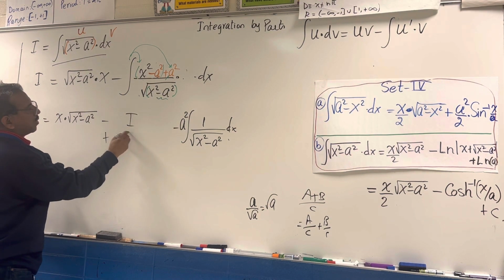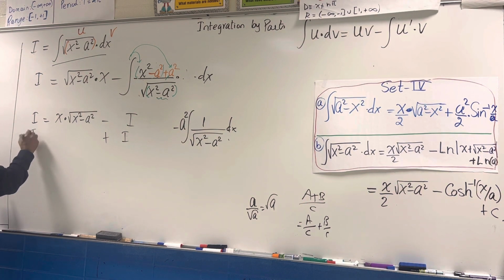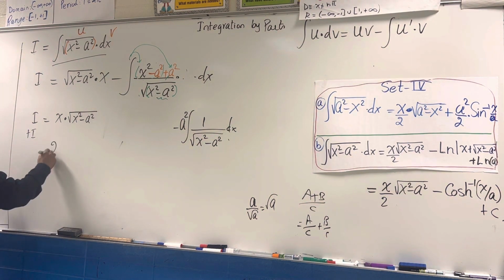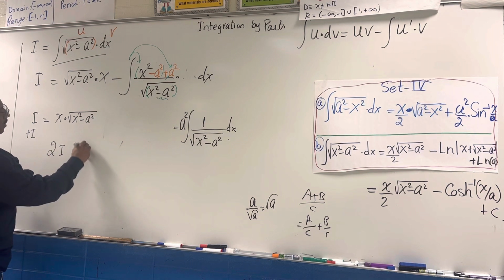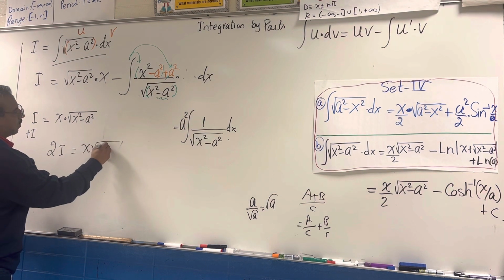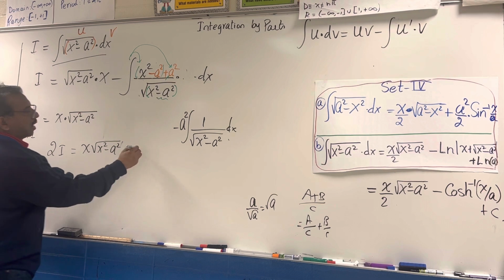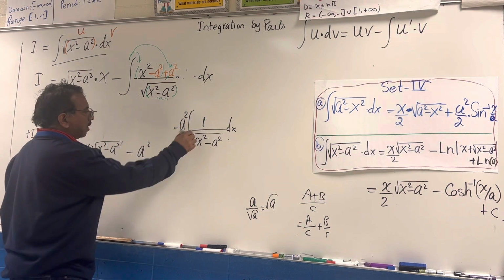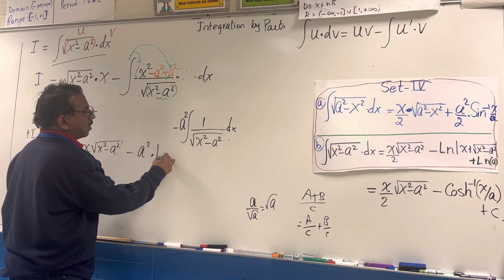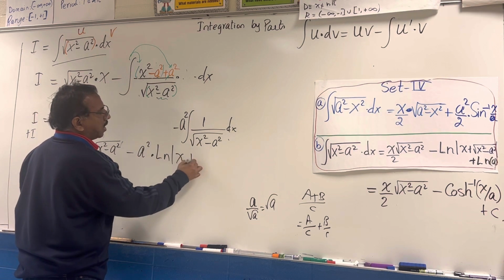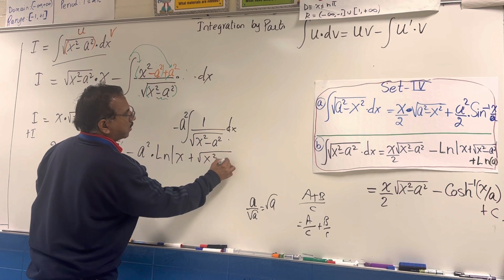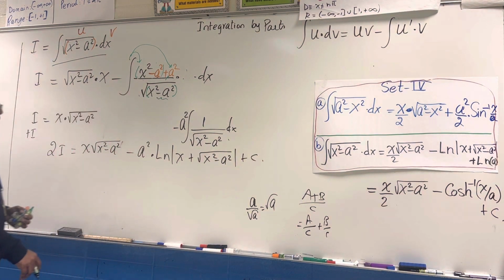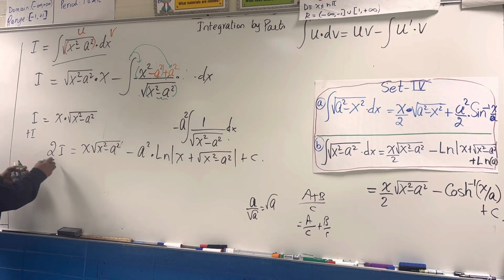Then add I to both sides. So this goes away, and this will be 2I. So 2I equals x root of x squared minus a squared. And the integral of this we have seen from set 3 is ln of x plus root of x squared minus a squared plus c. Now, divide by 2.